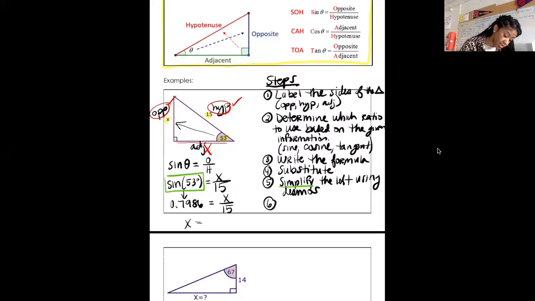Step 6, our last step. Solve for x using Math Papa.